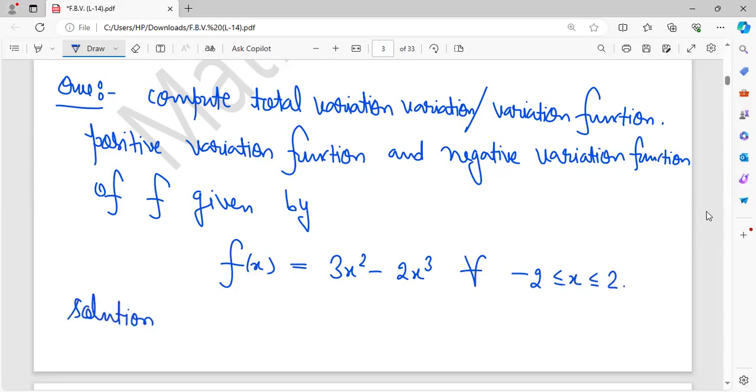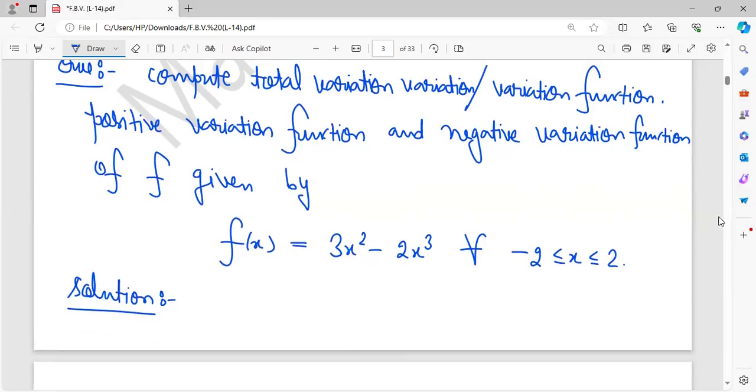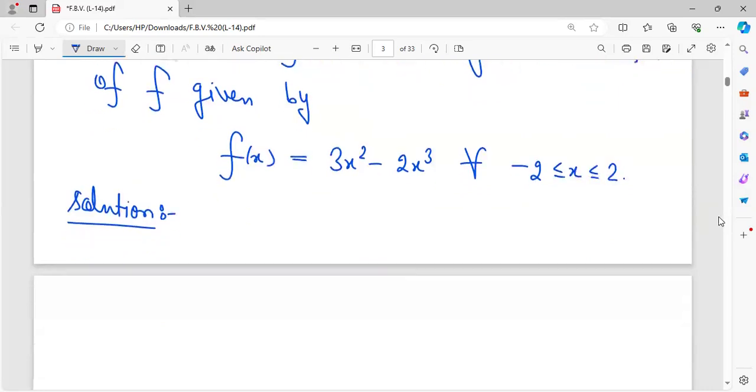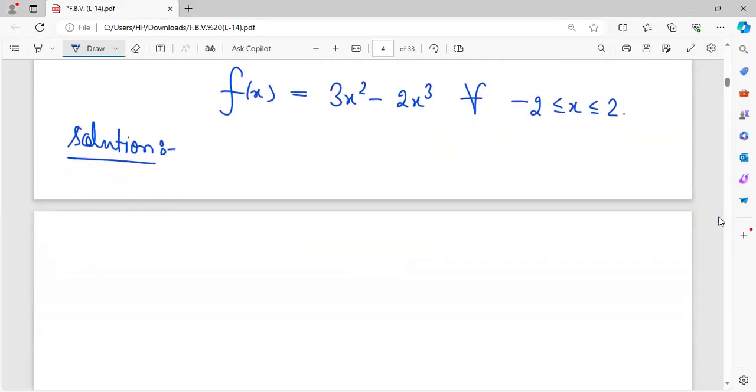Now this is a polynomial function. Obviously it will be a function of bounded variation. No need to check on any closed interval, so it will be on [-2, 2]. Now we will find where it is monotonically increasing and decreasing. So first we will calculate its derivative.